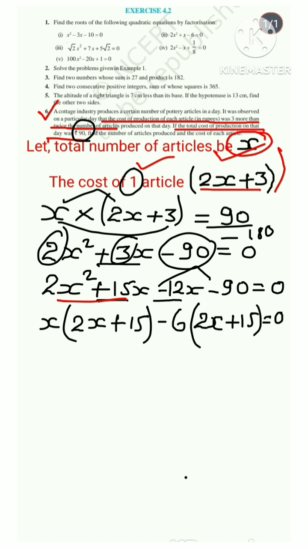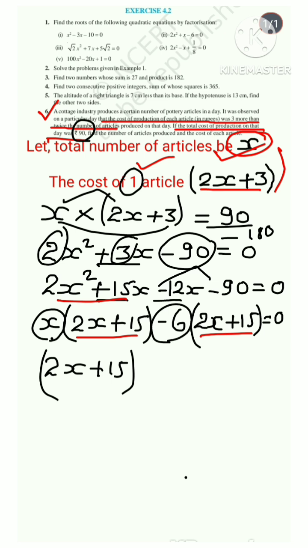Now here we can see 2x plus 15 is common, so 2x plus 15 and here remains x minus 6.